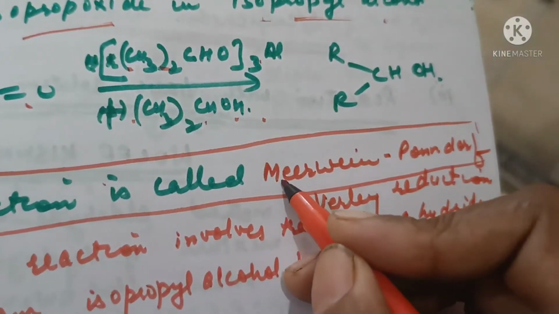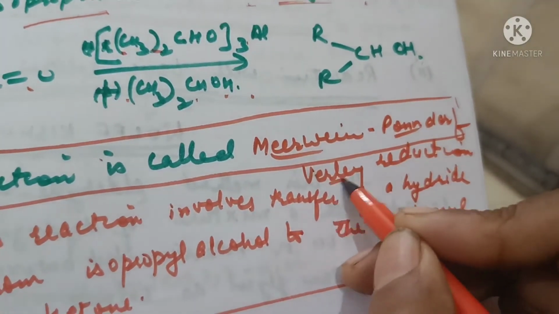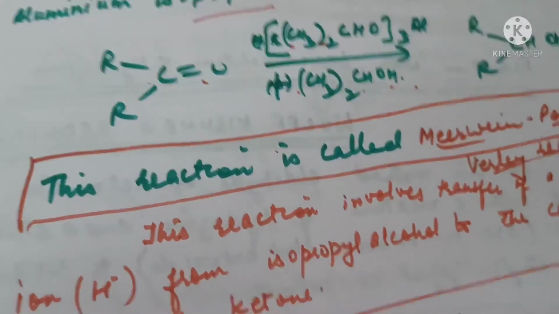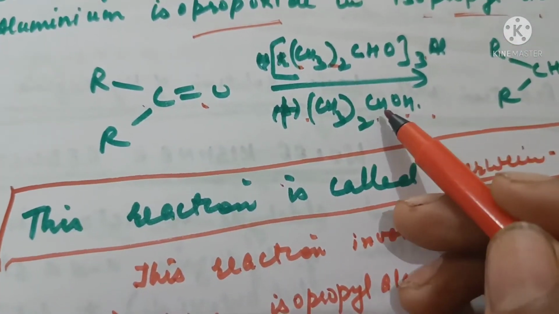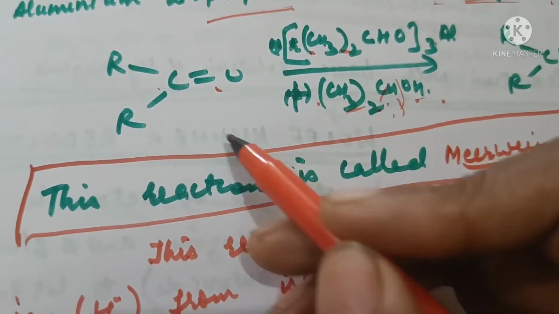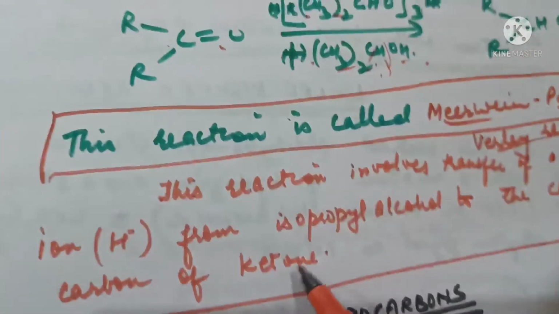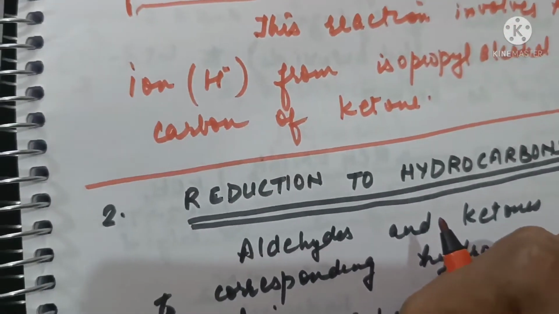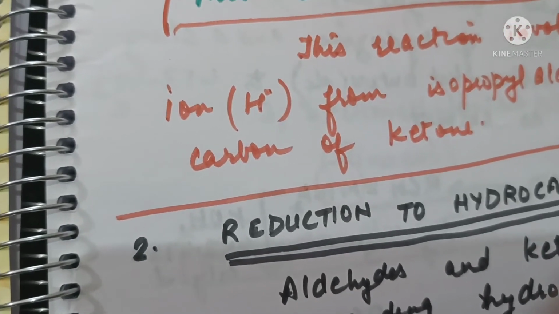This reaction is called the Meerwein-Ponndorf-Verley reduction, and in this reaction a hydride from isopropyl alcohol is added to the carbonyl carbon of ketones and reduction is carried out.